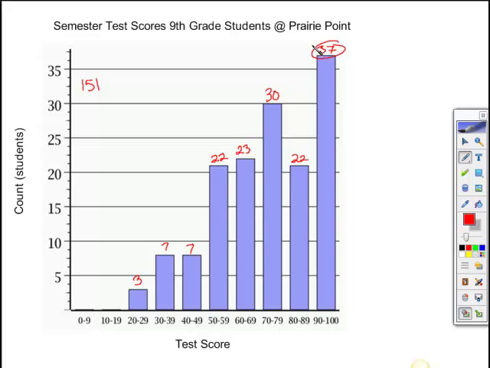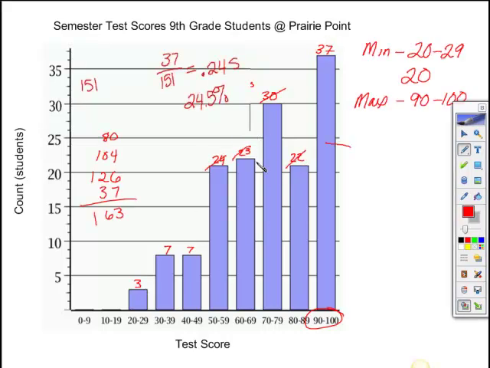So 37 of our 151 students scored between 90 and 100. That equals 0.245, which is 24.5%, almost a quarter of the students scored there.